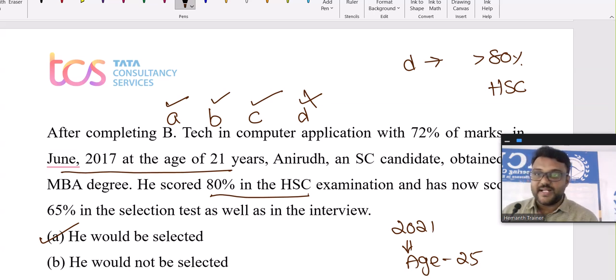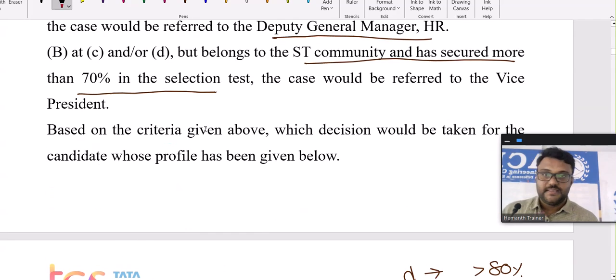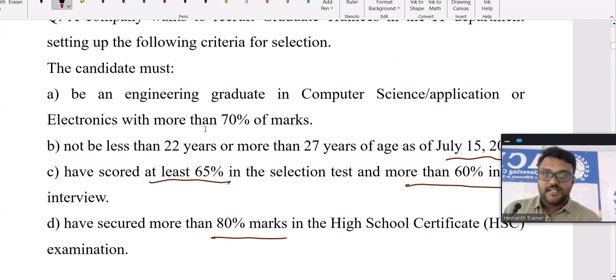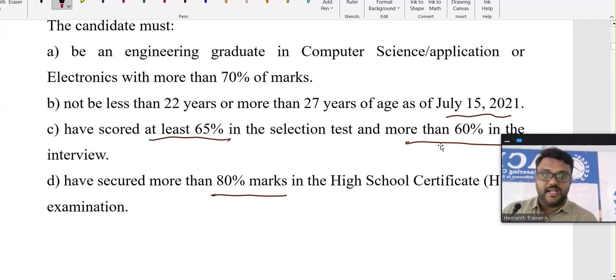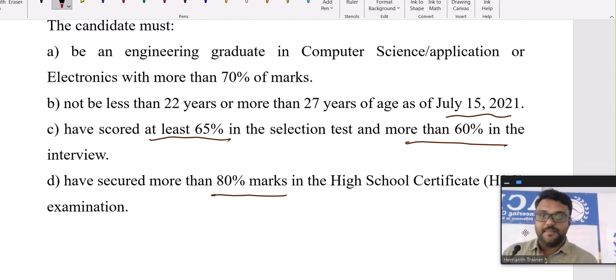So I cannot say directly you would be selected, no, because D failed here. Yeah, you check here. D, at least 80% means 80 is allowed, but they clearly mention more than 80%. So greater than 80 is required, 80.5 or something more than 80. But here that condition is not satisfied.